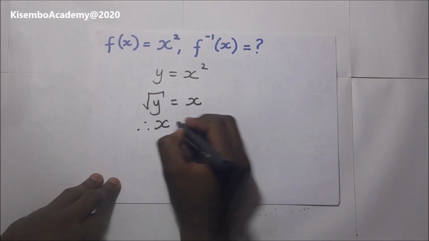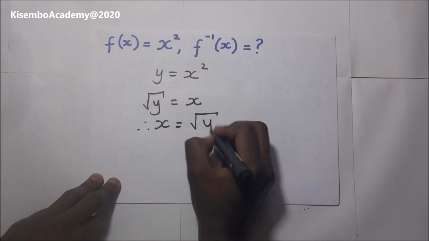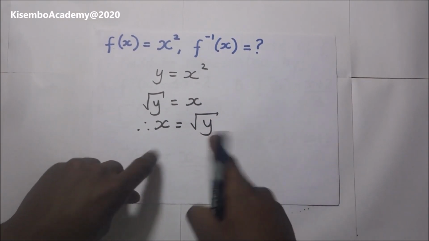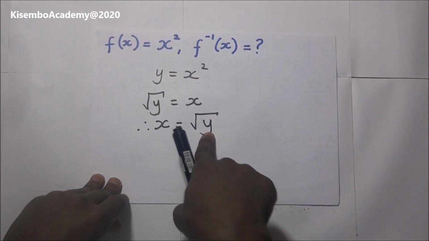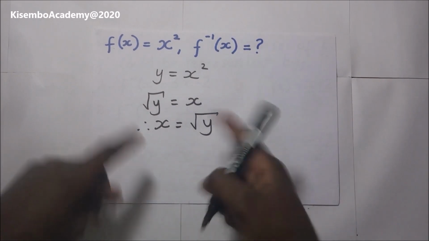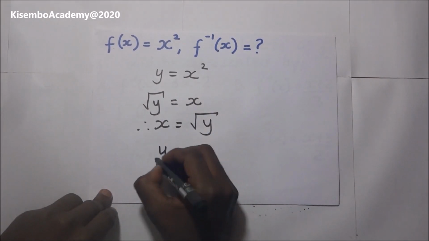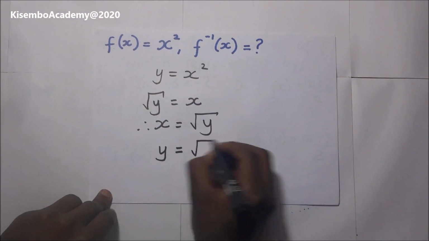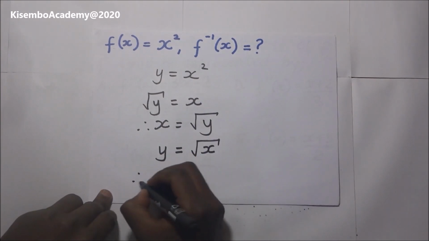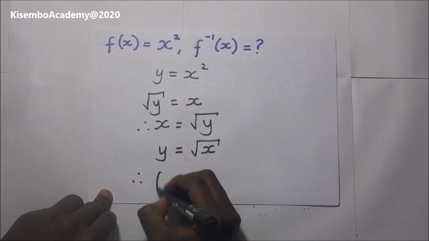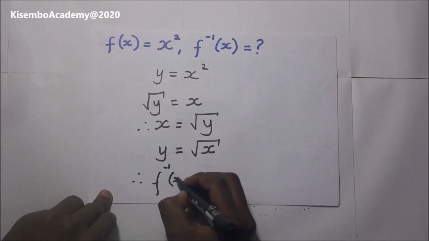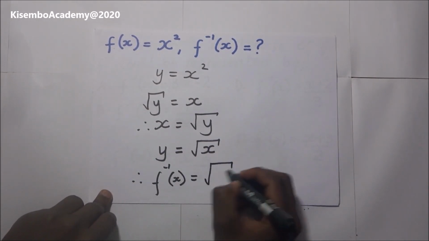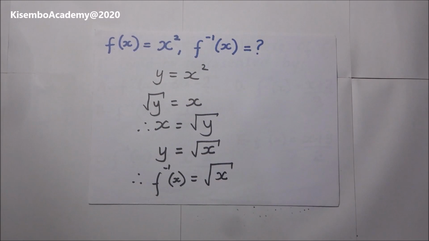Therefore x is the square root of y. So we flip them, x becomes y and y becomes x. It means that y is equal to the square root of x. Therefore, the inverse is the square root of x, like that.